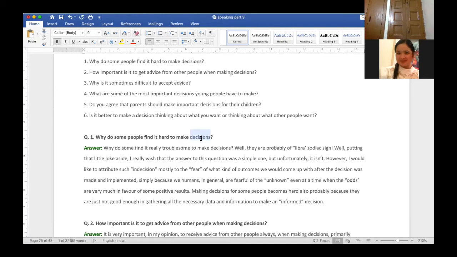Well, we human beings have freedom of choice to decide for ourselves, but when we decide, it is not an easy decision. We must look at the bad ways and good things that will happen when we decide.